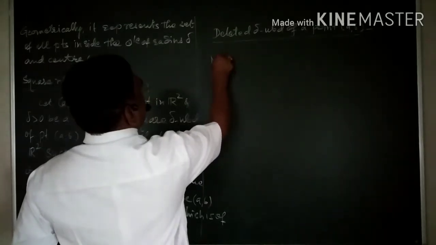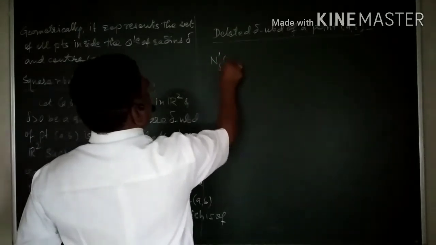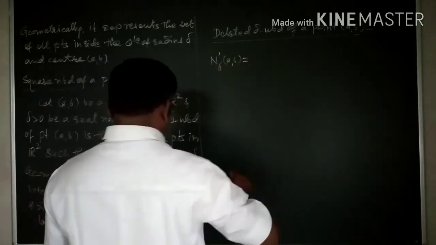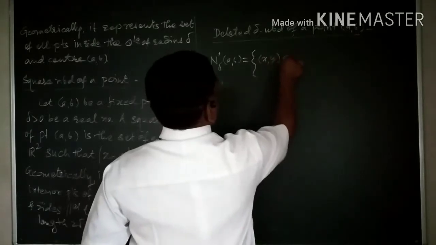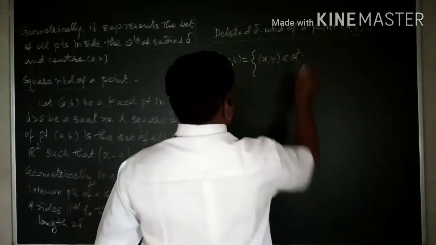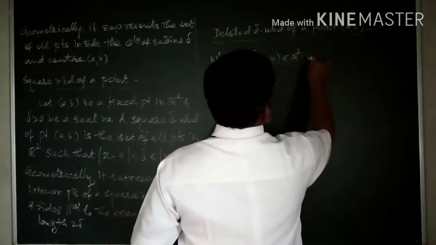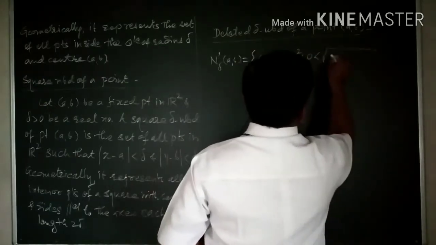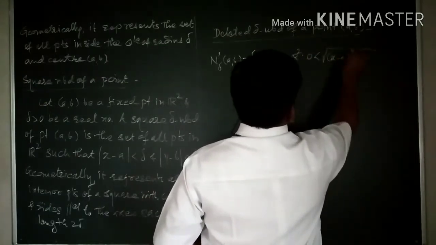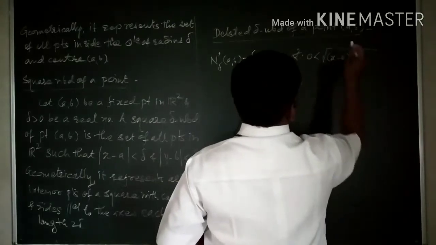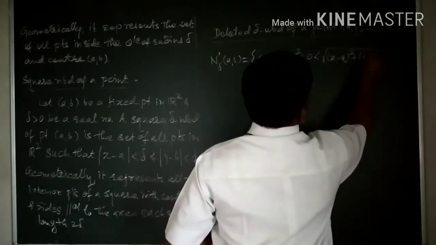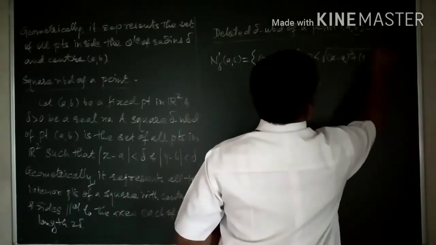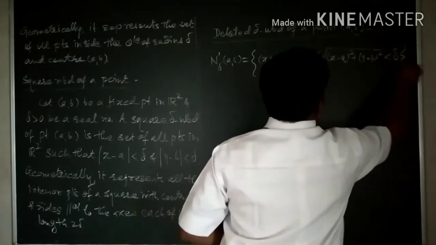Now let us define this one. The deleted delta neighborhood of (a, b) is the set of all points in R2 such that 0 is less than square root of (x minus a) square plus (y minus b) square, less than delta.